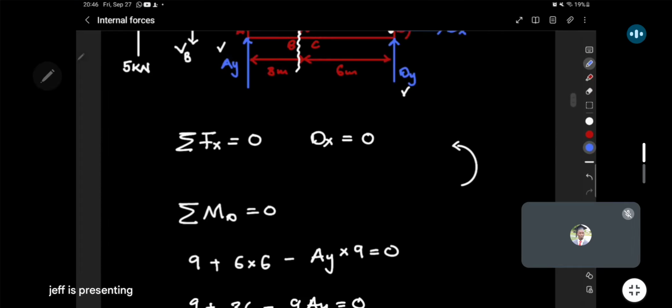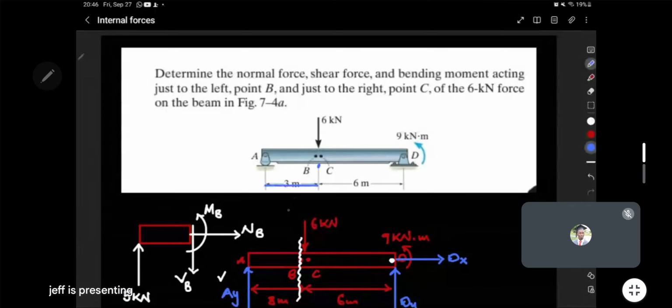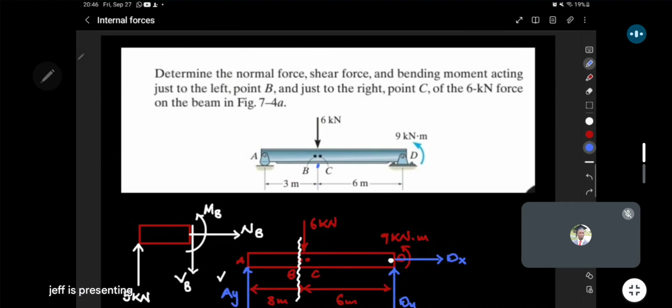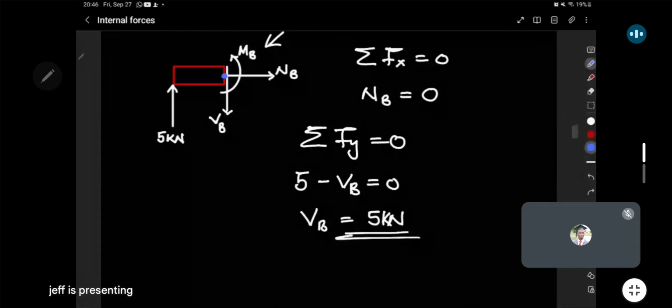But we need the distance to point B. So here the assumption is that B and C are right up to, or at least close enough to that point, so that we can just use that distance, which is 3 meters. Based on that, if we take the distance from A all the way up to B as 3 meters, and say we're going to take moments about point B, what do we see?